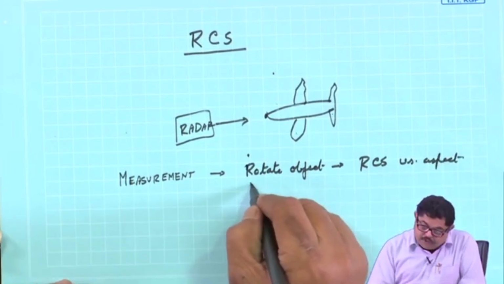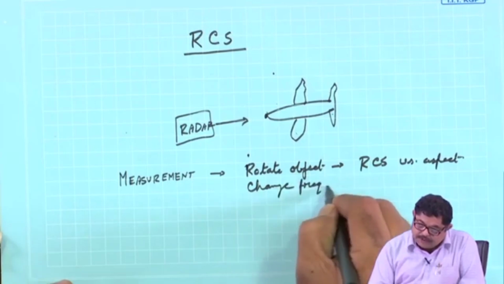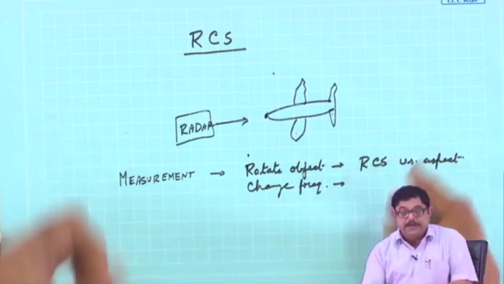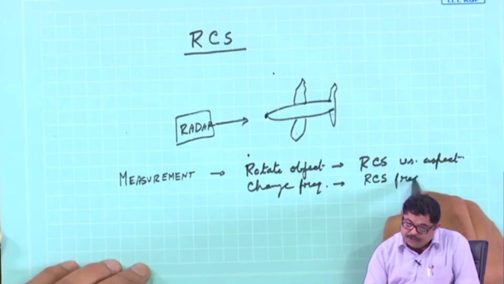Then you change frequency, that means your measurement system should be able to change the frequency, that will give you the RCS frequency response.